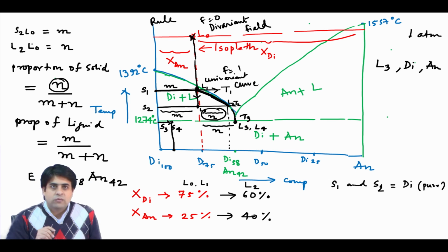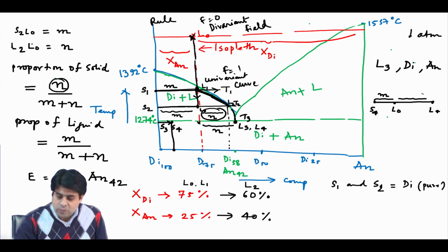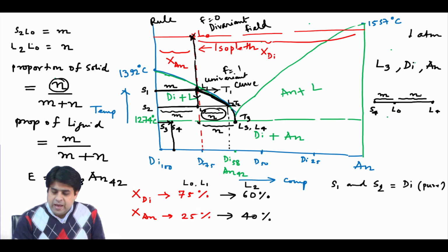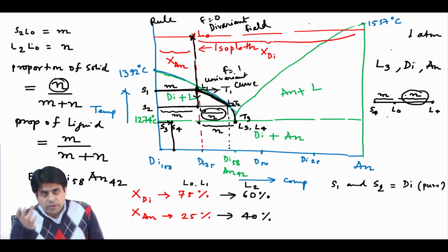So, basically at S4 you will have diopside plus anorthite plus liquid, and if your original composition is this one, and if you draw like this, okay, so you have L0 here, this is your S4 and this is your L4. So, this will be your proportion of liquid, and this will be your proportion of solid, and you can calculate the proportion of liquid and solid, and also how much diopside and how much anorthite there is.